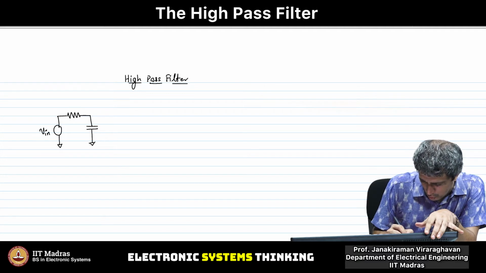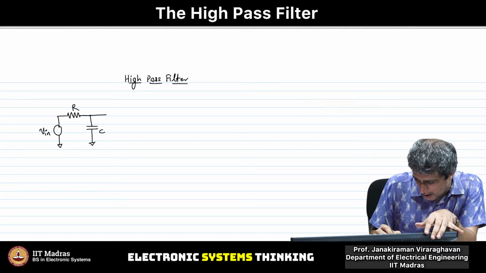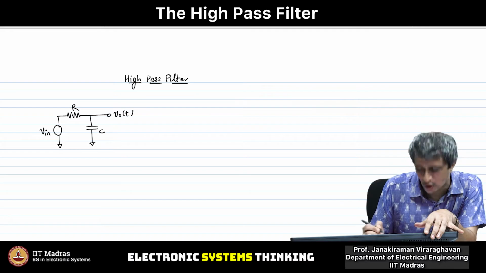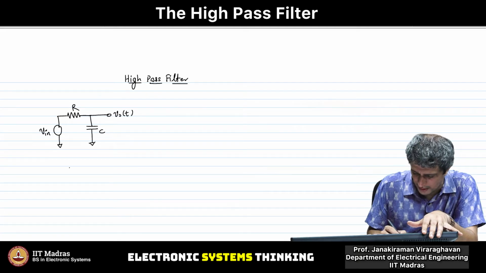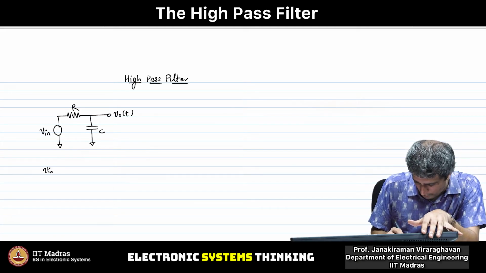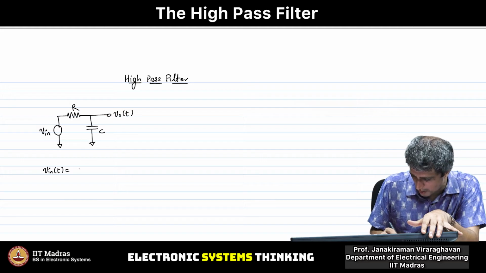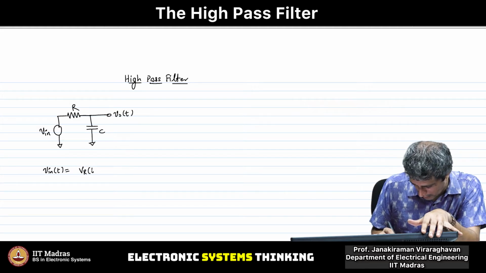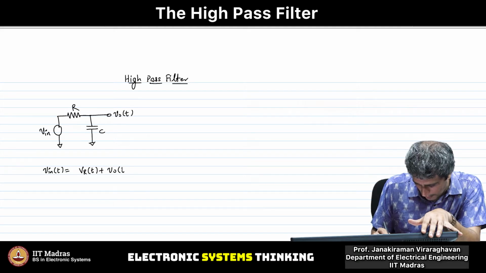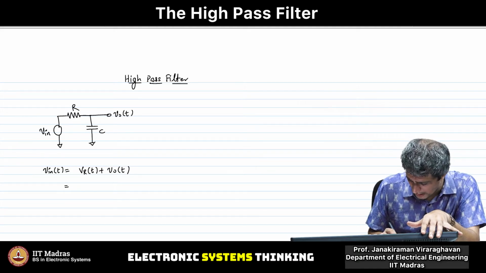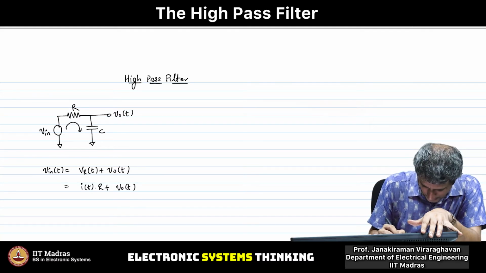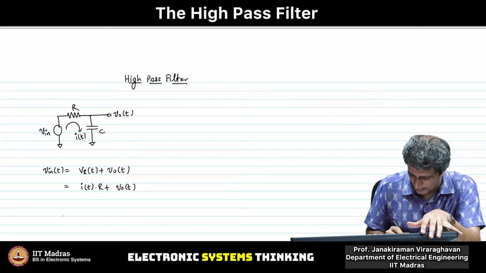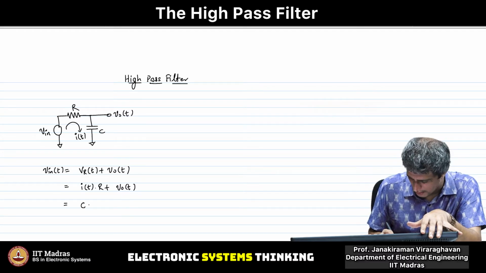So this was the R, this was the C, and this was my V out of t. Essentially we said that the differential equation, V in of t at all times has to be equal to the voltage across the resistor V R of t plus V out of t, and V R of t is going to be I of t into R. If this is I of t, then I of t is going to be C into dV by dt.